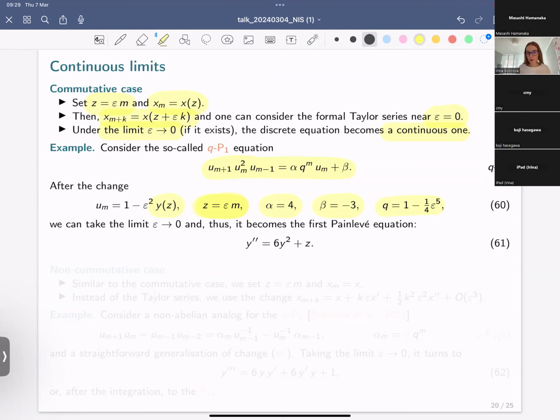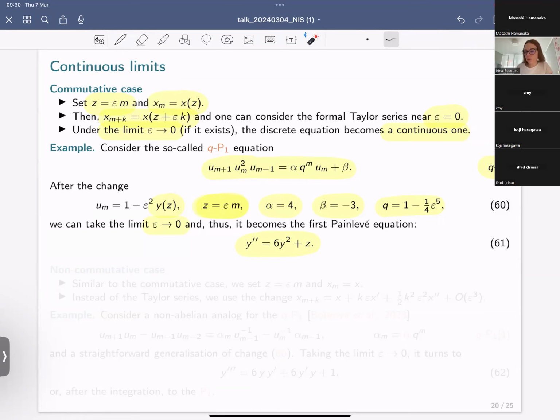After substituting all this into our equation QP1, we can take the limit when epsilon tends to 0, and after the limit, we obtain the first Painlevé equation of this form. This is the reason why this discrete equation QP1 is called the discrete version of the first Painlevé equation.